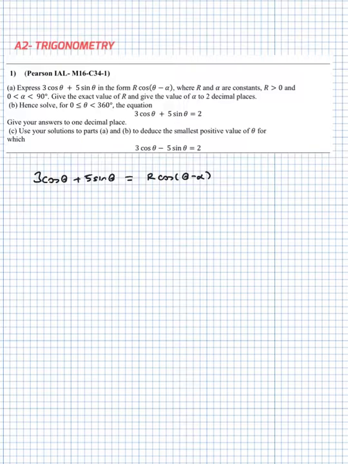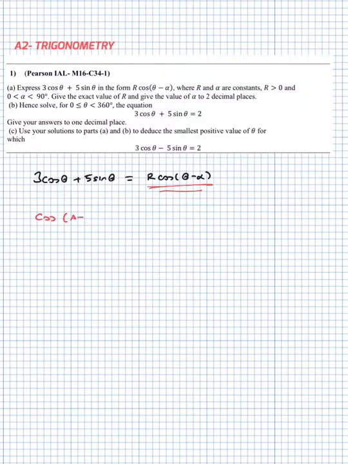If you remember, anytime you have an expression a cosine theta plus b sine theta, you can write this expression as r times cosine or r times sine. But here in this question, we are asked to express this expression in the form of r cosine (theta minus alpha).